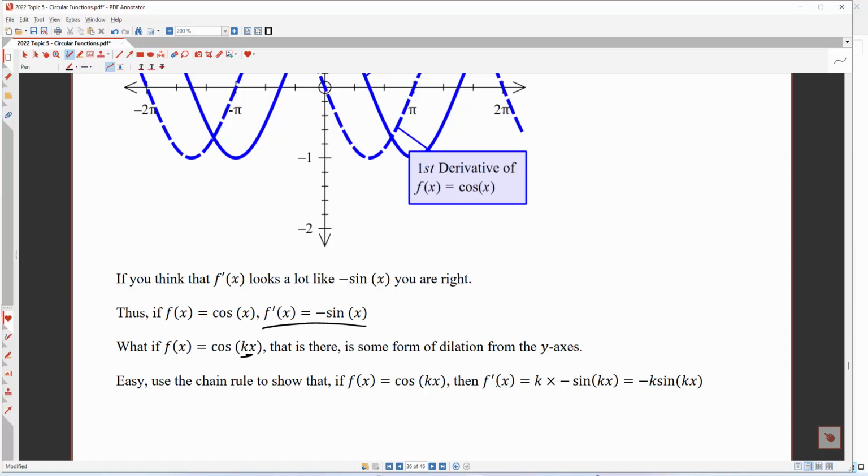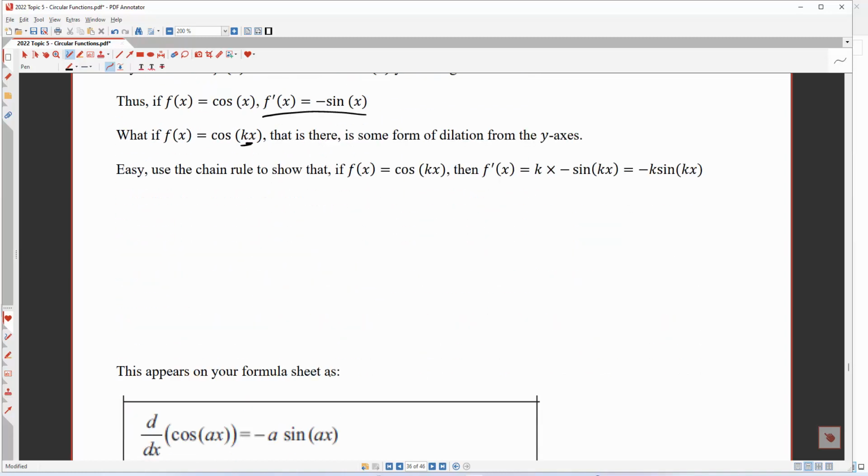What if we've got a dilation? I'll quickly show you how the chain rule works on that as well. If f of x is cosine of kx, we'll let u be kx, that's the inside function, y is cosine of u, the outside function, du dx is k, and dy du is equal to, now what's the derivative of cosine?